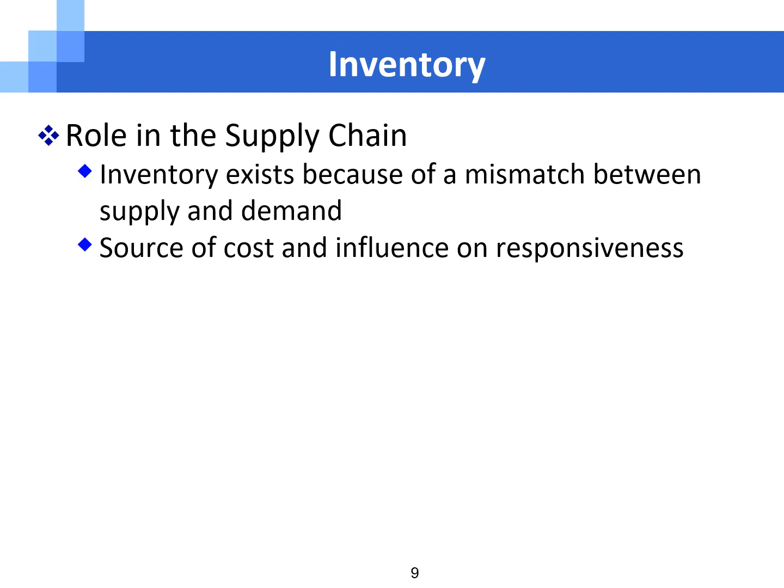Inventory is held throughout the supply chain in the form of raw materials, work in process, and finished goods. Inventory is a major source of cost in the supply chain and has a huge impact on responsiveness.